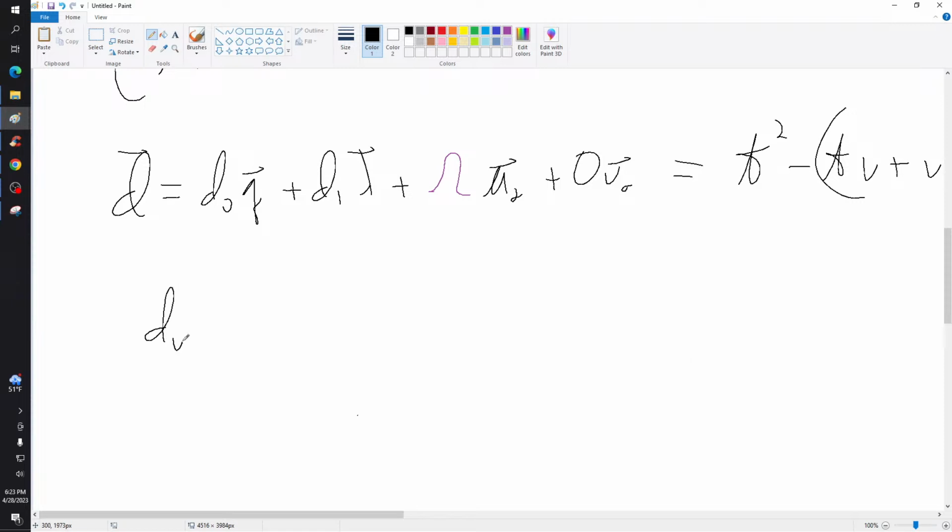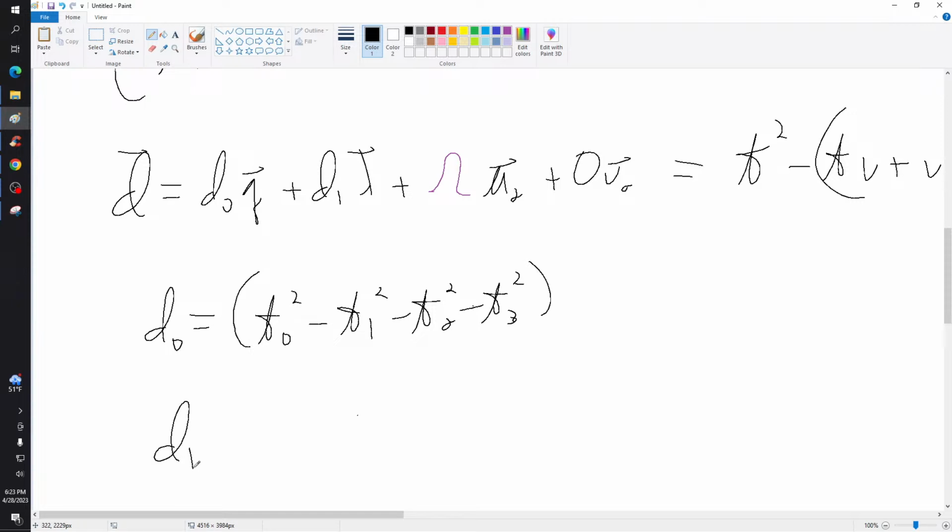So then d null, that's the real part, is equal to t null squared minus t1 squared minus t2 squared minus t3 squared. d1 we're just going to write as 2 t null t1. There's no simplification beyond that.